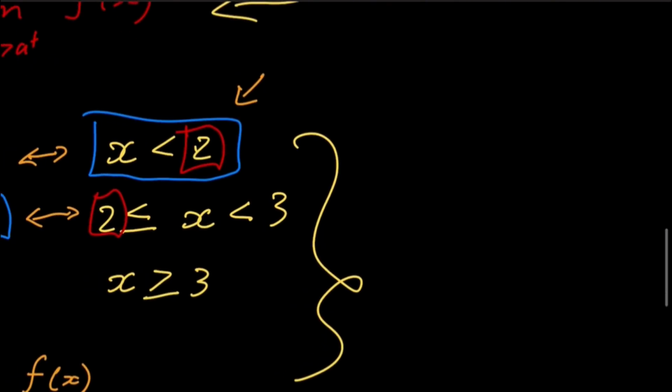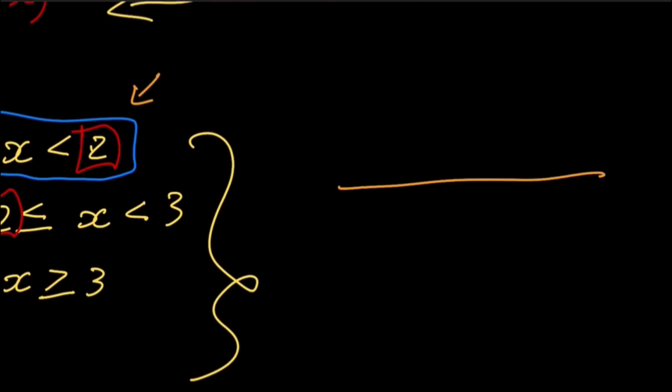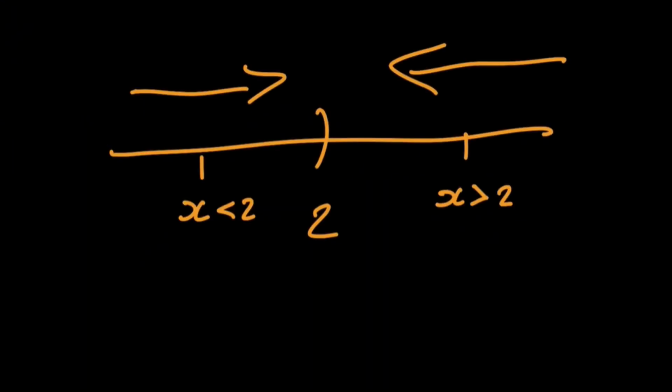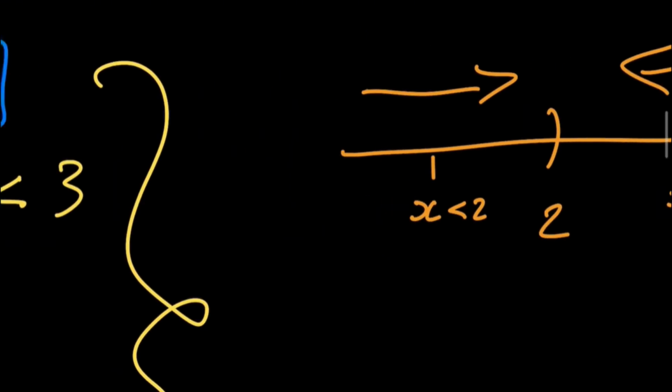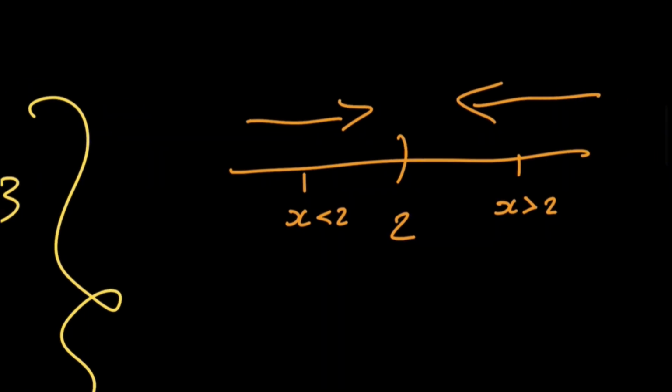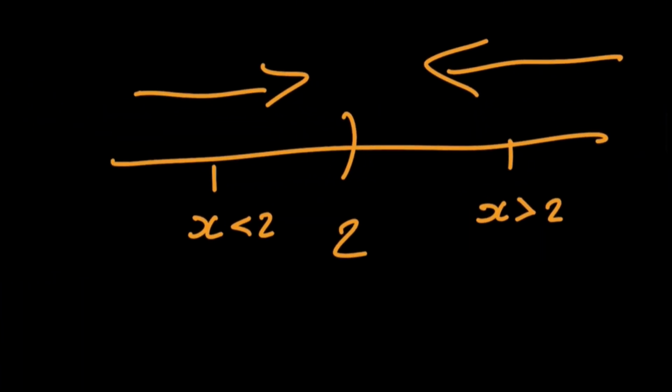So if we look on a number line, 2 is in the middle. Now we have to find a condition that says the left hand side, which is a negative, so numbers approaching 2 from the left of the number line would be numbers less than 2.